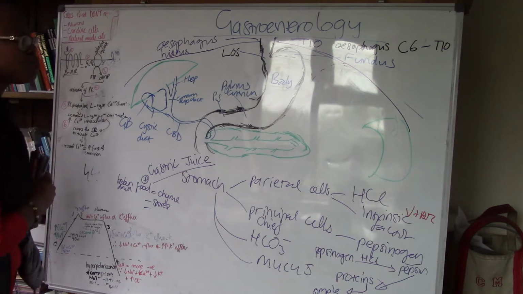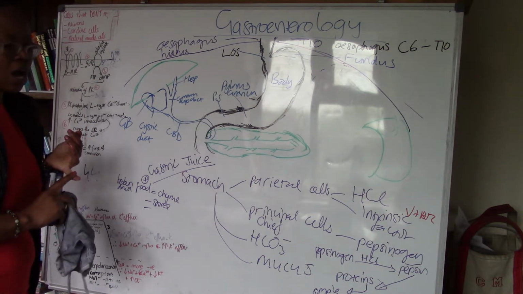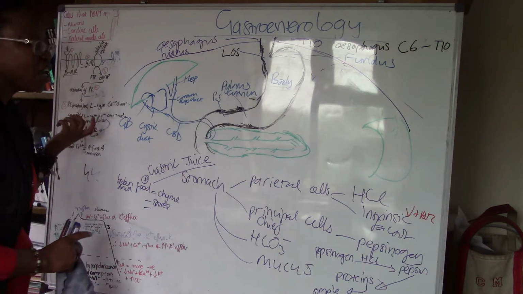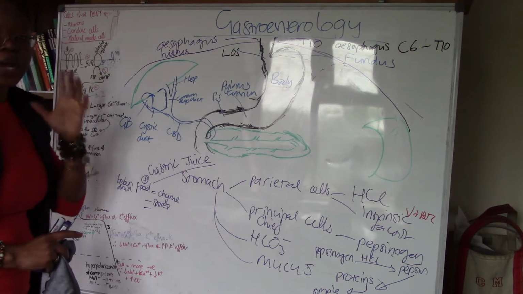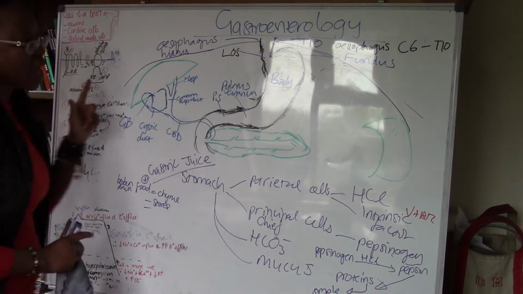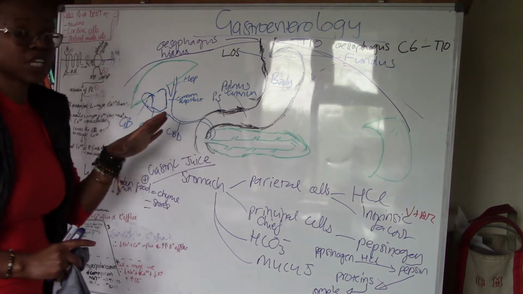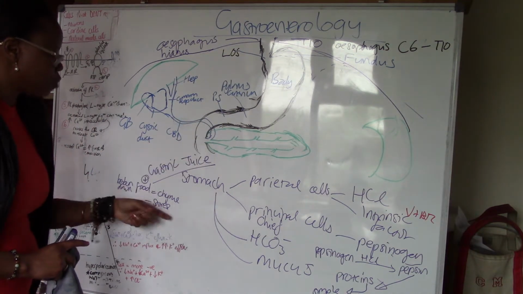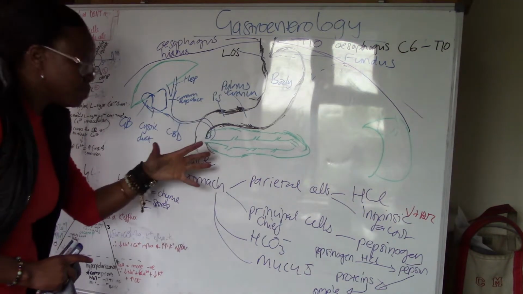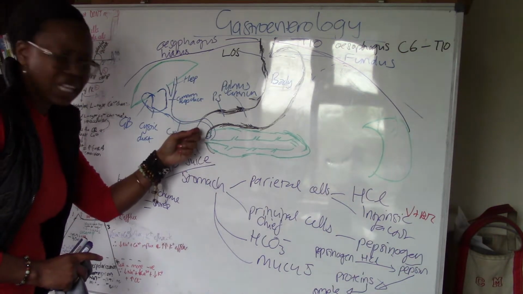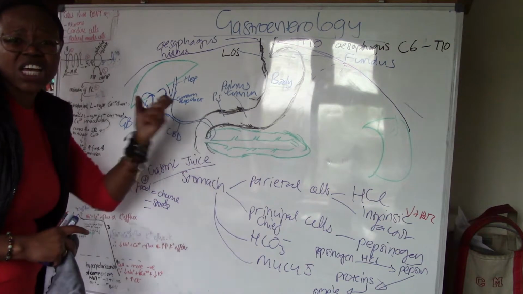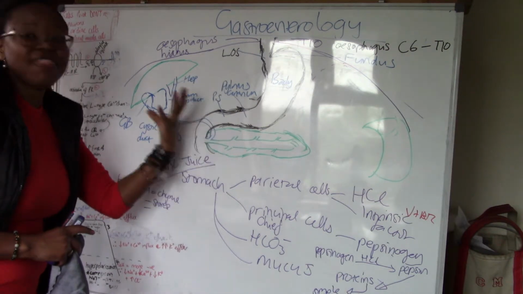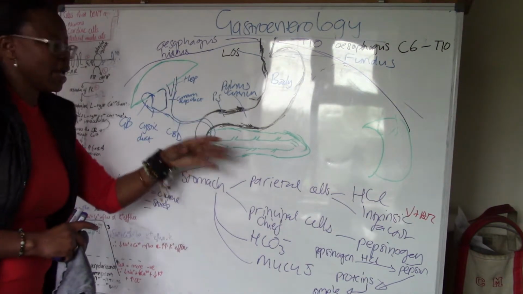The only things absorbed in the stomach are simple sugars, things like honey, and alcohol and aspirin, and that's it. Otherwise it just breaks food down, mixes it with gastric juice, forms chyme, stores chyme, and deposits it into the duodenum during peristalsis, like droplets.